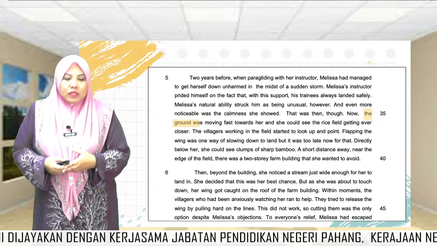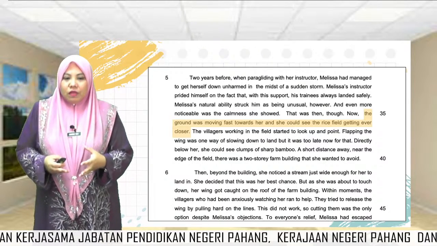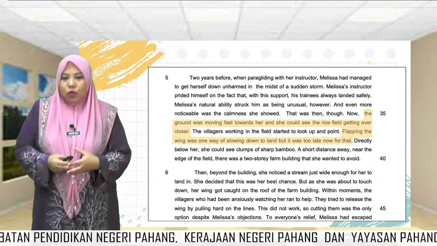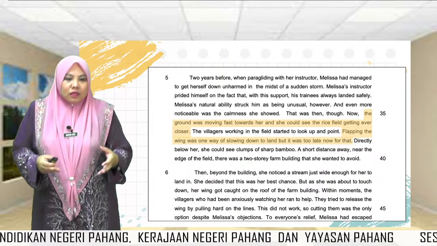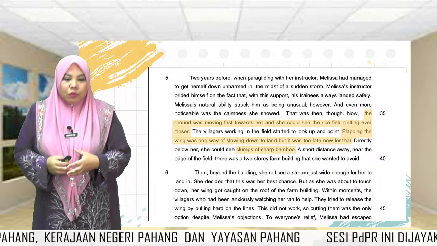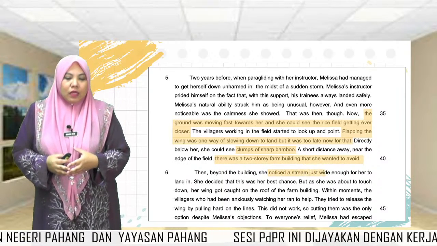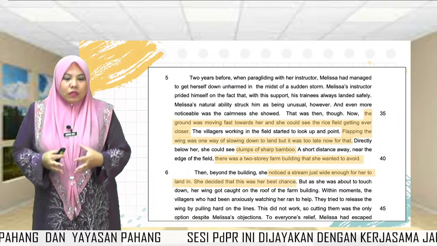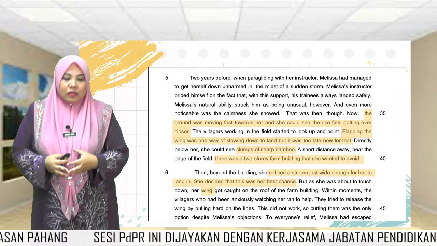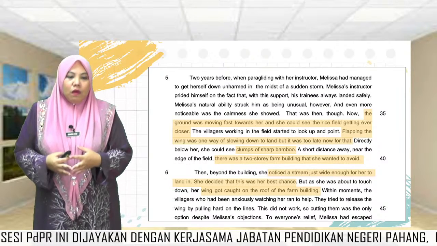The ground was moving fast towards her, or the rice field was getting closer. Flapping the wing was one way of slowing down to land, but it was too late for that. Clumps of sharp bamboo. There was a 2-story farm building that she wanted to avoid. Noticed a stream just wide enough for her to land in. She decided that this was her best chance. And the final one is, wing got caught on the roof of the farm building.